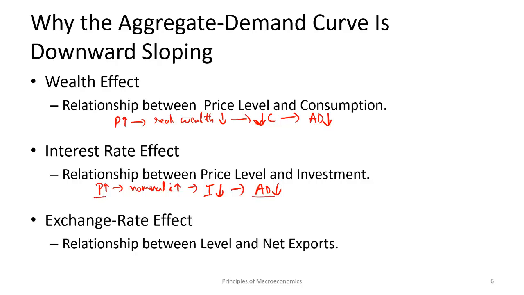Finally, we have the exchange rate effect. It shows the relationship between price level and net exports. And here's the logic and reasoning. As price increases, nominal interest rate increases, which leads to the domestic currency appreciating.